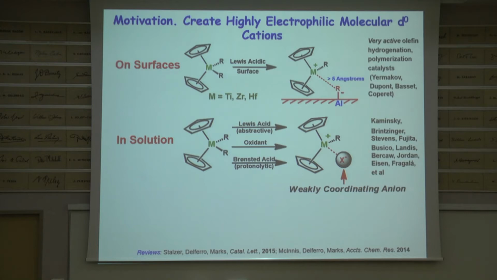Here's this 14-electron d0 cation and a requisite, very, very special kind of weakly coordinating anion to stabilize it. The C13 NMR parameters of this looked identical to this, within 1 or 2 parts per million. So there's something really unusual and fascinating going on here.